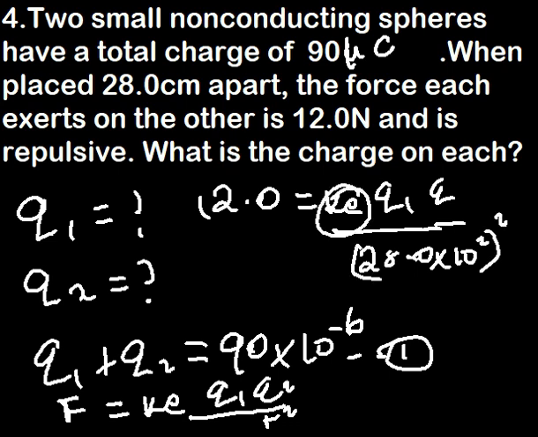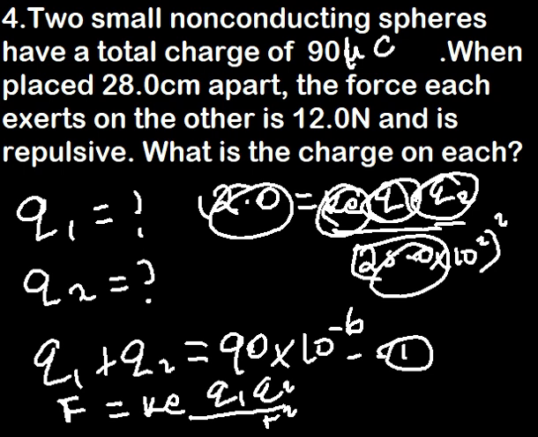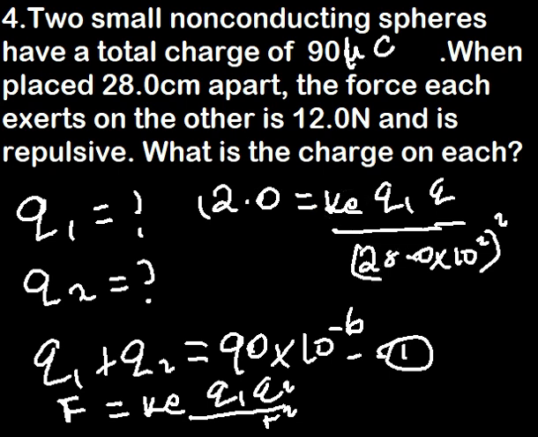Since Q1 and Q2 are unknown, this gives us the second equation, equation number 2. And we'll be able to solve for Q1 and Q2 simultaneously. The question asks what is the charge on each, so we calculate Q1 and Q2 simultaneously.